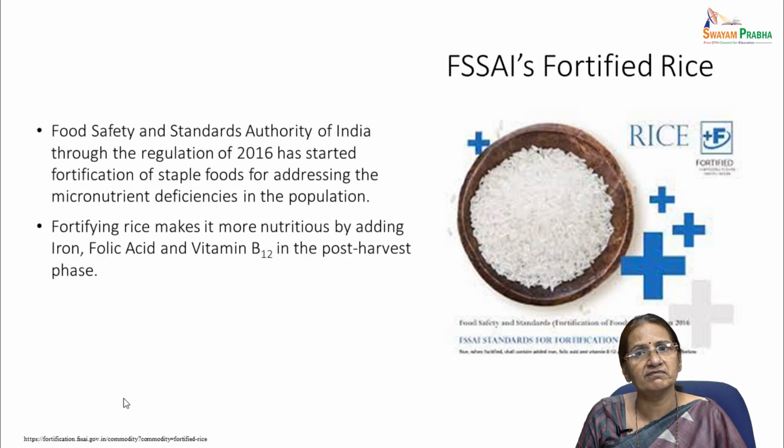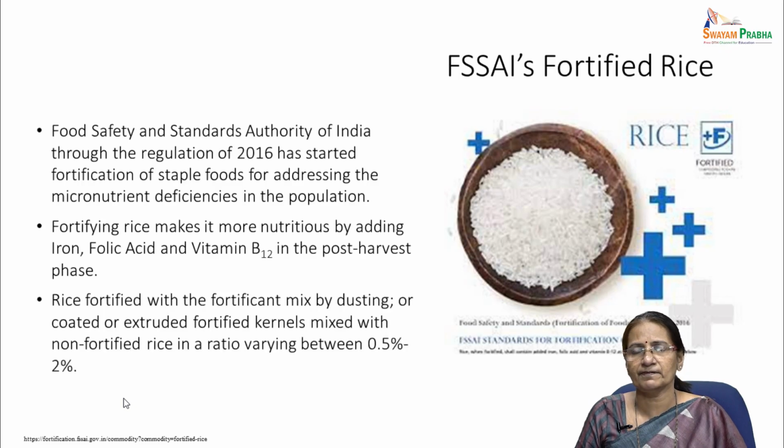Fortifying rice makes it more nutritious by adding iron, folic acid and vitamin B12 in the post-harvest phase. Rice is fortified with the fortificant mix by dusting or coating, or extruded fortified kernels are mixed with non-fortified rice in a ratio varying between 0.5 to 2%.